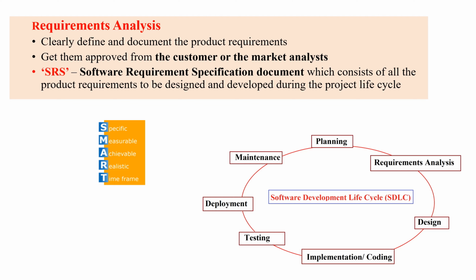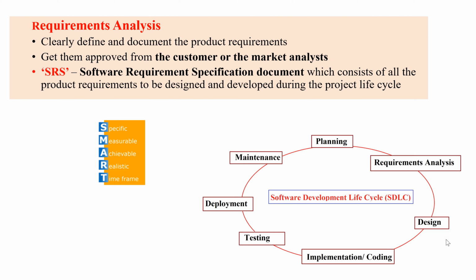They consist of all kinds of product requirements to be designed and developed during the project life cycle. These documents should be written in a SMART manner: specific, measurable, achievable, realistic, and within a constrained time framework. So this is a very high level knowledge of requirement analysis.